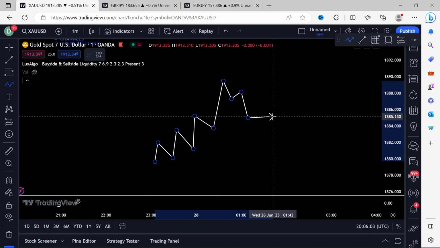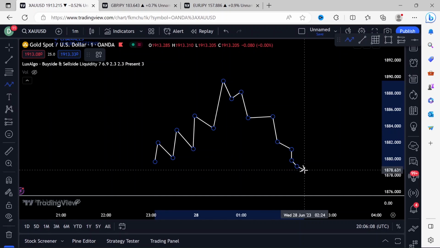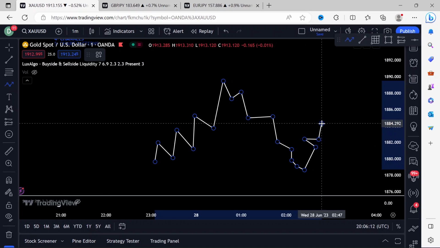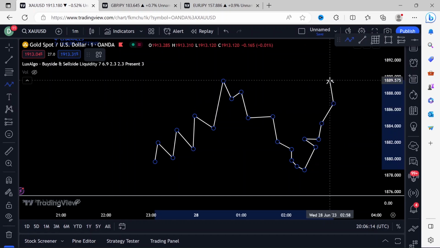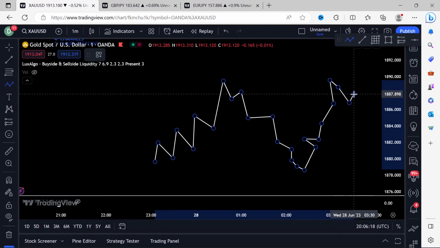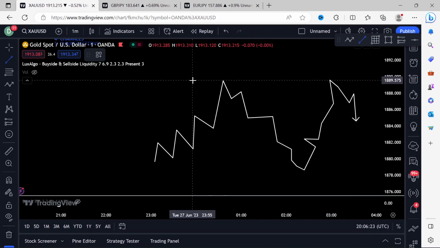It moves in lower lows, lower highs, being a downtrend, then moves in an uptrend again, and when it reaches that particular zone, it bounces back again.